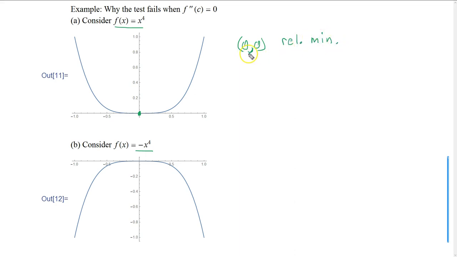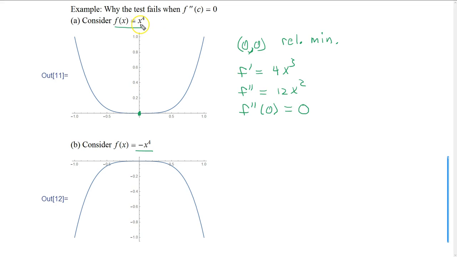Now, if we were to try to apply the second derivative test at x equaling 0, notice what we would get. We would get our first derivative. Notice that that is, first of all, 4x cubed. Our second derivative is 12x squared. And if we evaluate the second derivative at 0, of course we get back 0, putting 0 in for x.